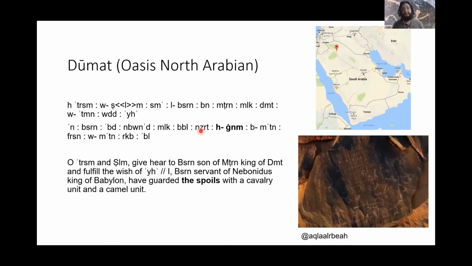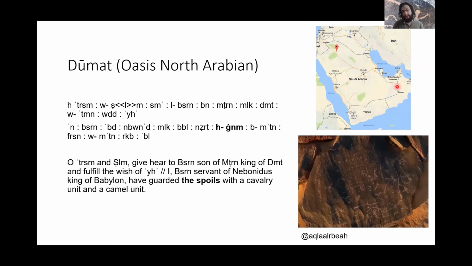And he says, Natartu, so I'm guarding haghanim, the spoils, with a unit of cavalry and a unit of camels. All right, so he's guarding spoils. And we see the definite article being used here as ha. So in the middle of the first millennium BC, all the way up here, it's ha.